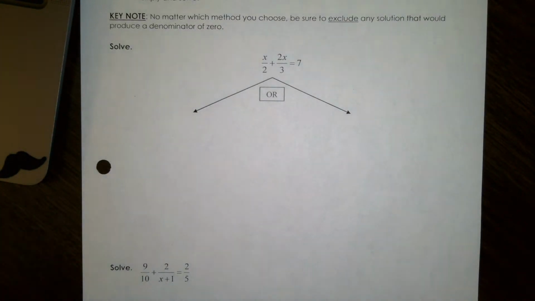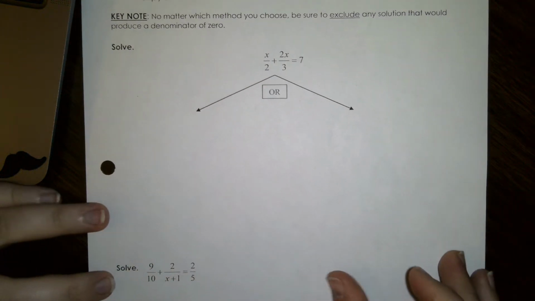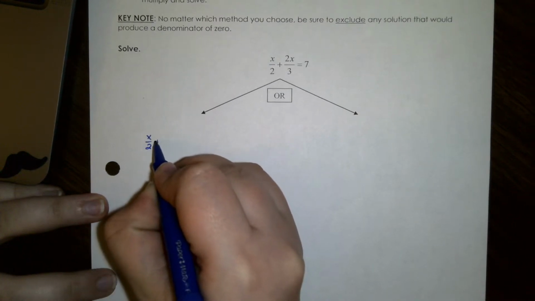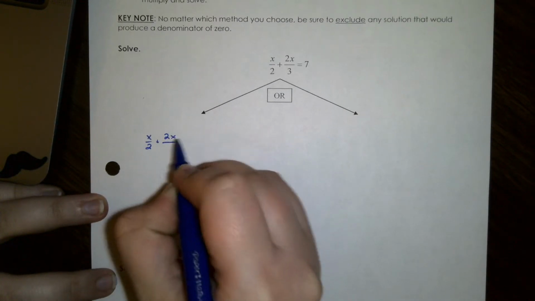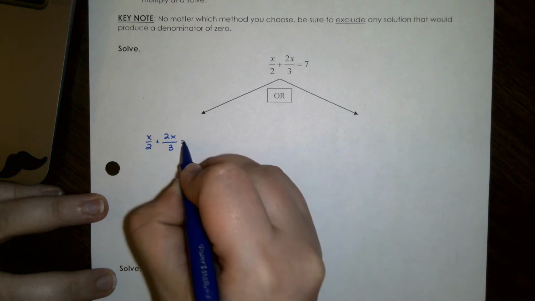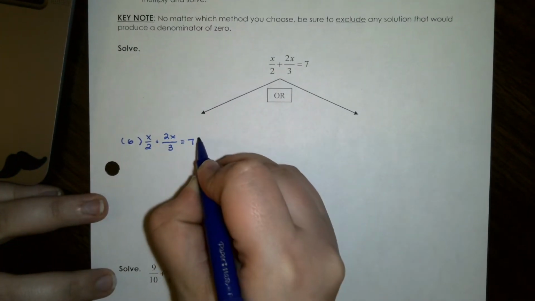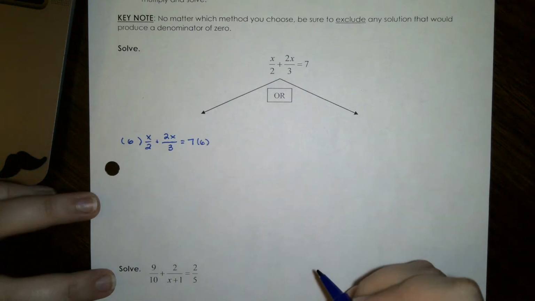I have x divided by 2 plus 2x divided by 3 equals 7. Now, my first method, I would say, what is the common denominator of 2 and 3? It happens to be 6, so I'm going to multiply by 6 on the left and 6 on the right.